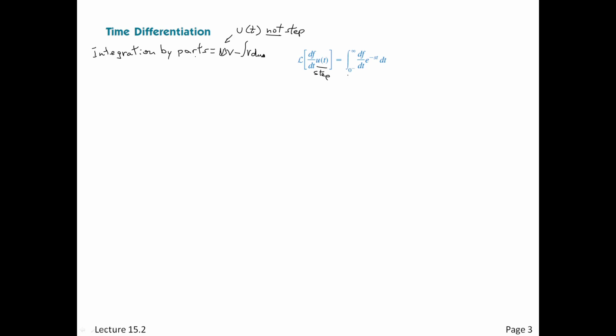They always write the formula as the integral of df times e to the minus st dt, the integral of two functions where one is a differential, breaks down to this in integration by parts.